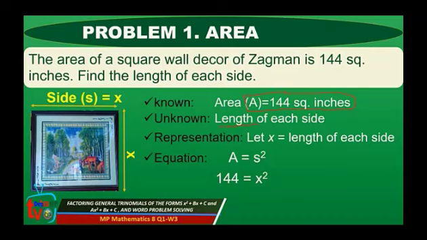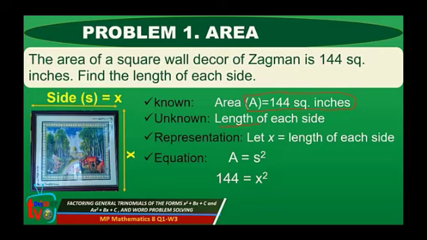Next, we represent the unknown using the letters or variables. So, we let x be the length of each side. Then after this, we formulate our equation basing from what is being asked in the problem.